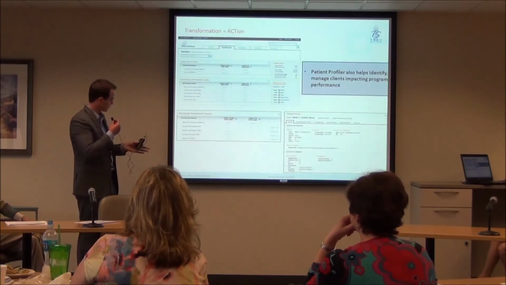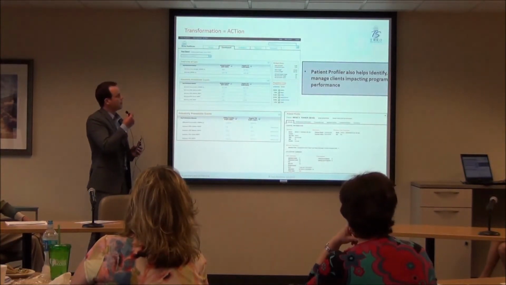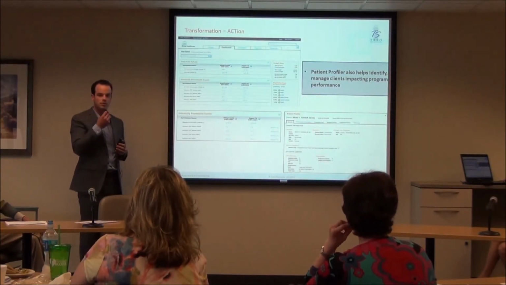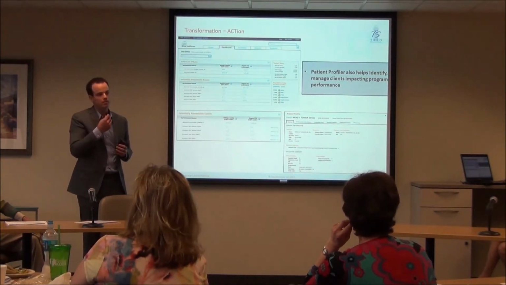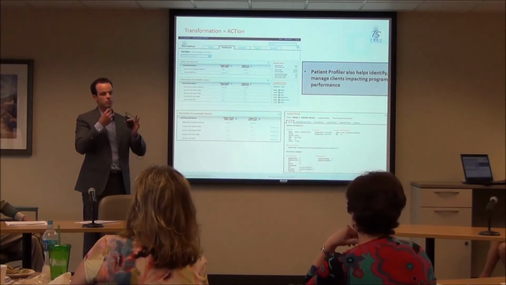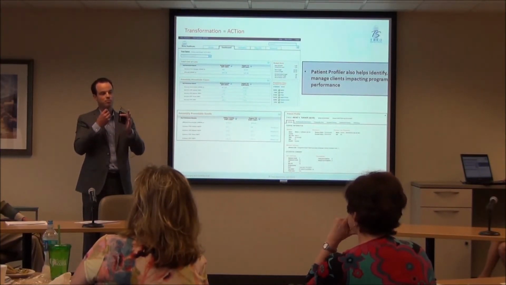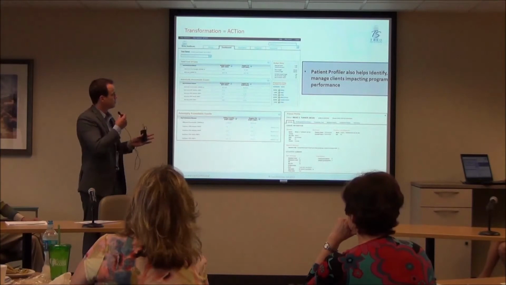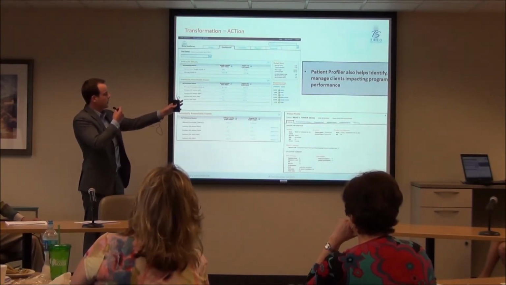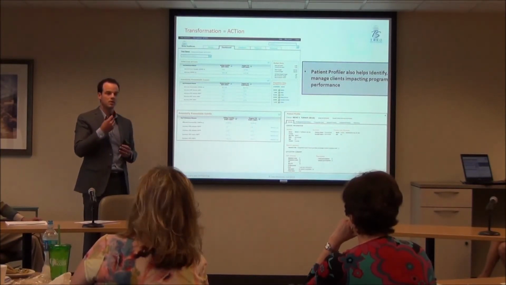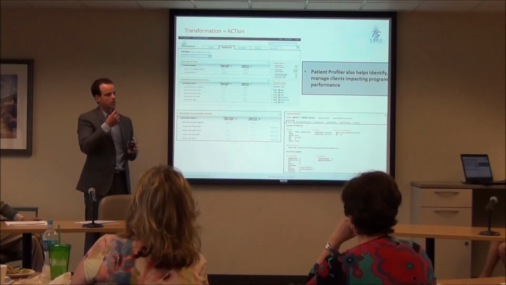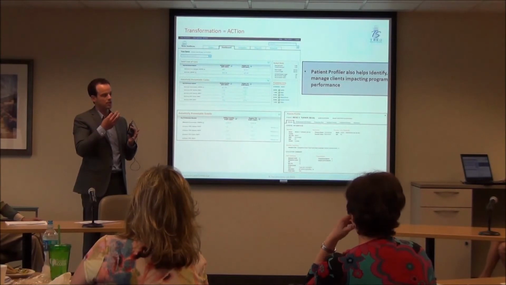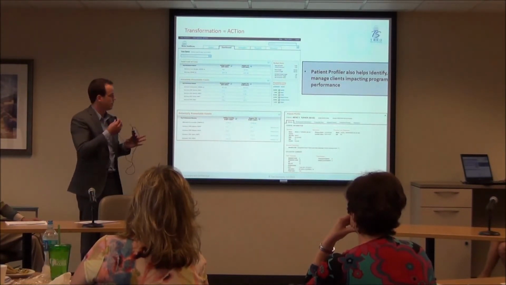the takeaway there is that you have that lowest level of detail as you start to click through the data within the dashboard. And then finally, in addition to the Excel reports, the concept of using the patient profiler gives you the ability to do specific case or person reviews, if you will. So rather than looking at the entire population using the population reports in the Excel files, perhaps there's one particular individual that really catches your attention in terms of ER utilization or just overall total cost of care.